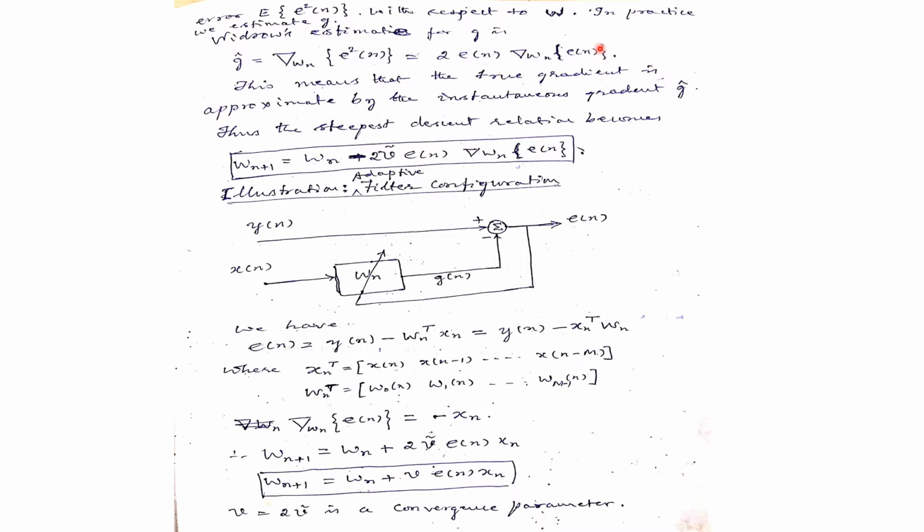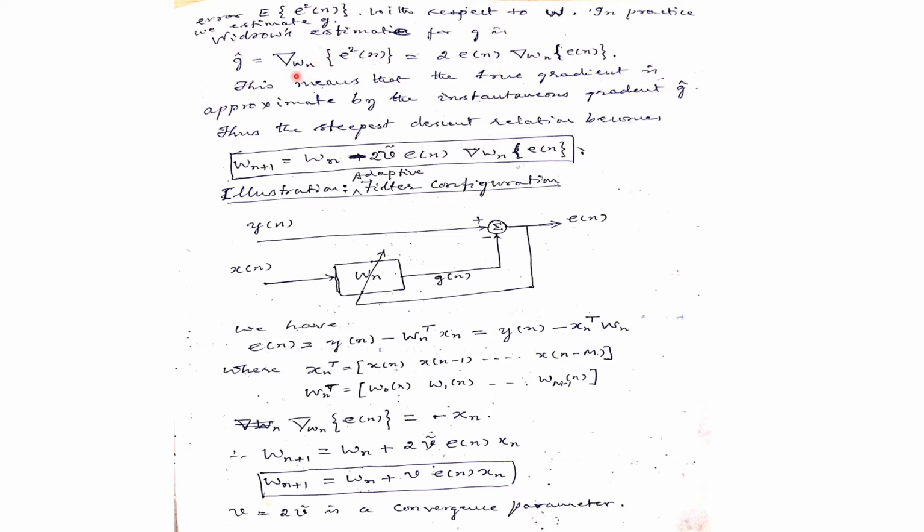This estimation is referred to as Widrow's estimation for G. So G cap is the estimated value of G, the gradient of the square of the error signal with reference to the filter coefficient.